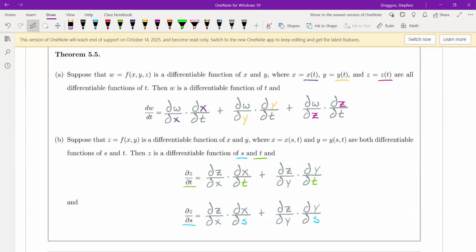Then each of those partials need to be multiplied by the chain rule part. Right? Chain rule part is that dx/dt or that dy/dt or that dz/dt, because I've got some other function being plugged into x, y, and z. That thing is parametric. So I'm taking its derivative with respect to t.